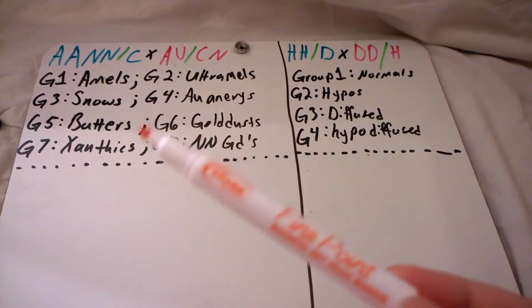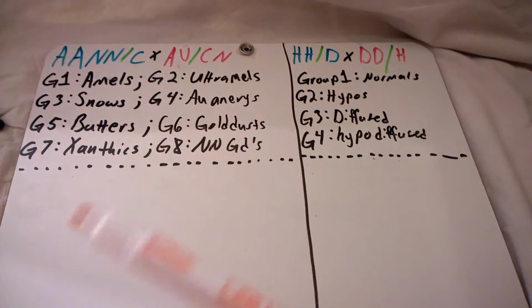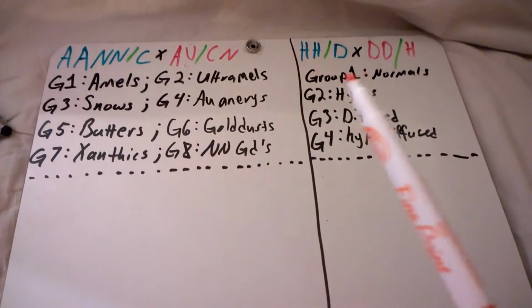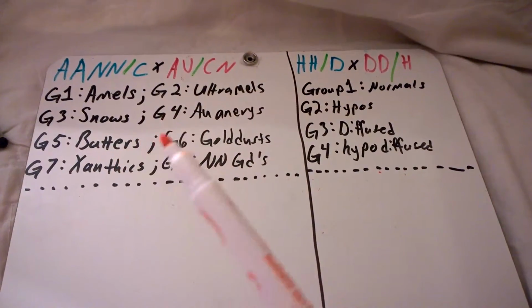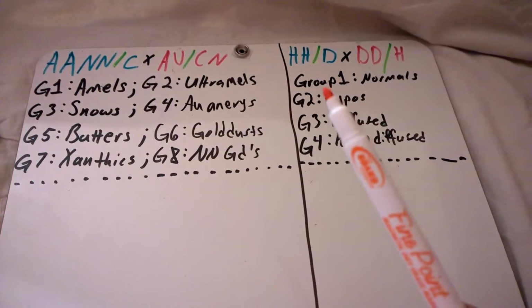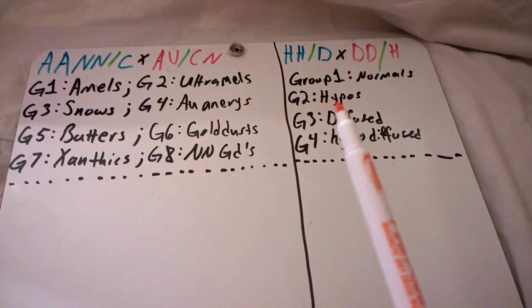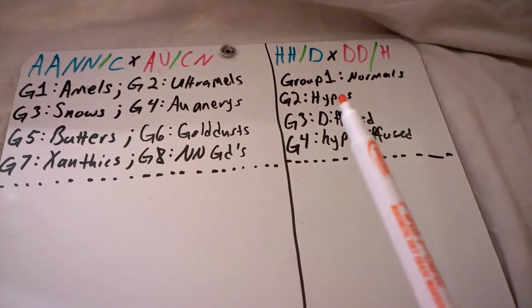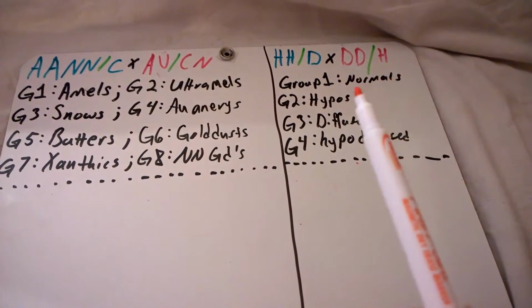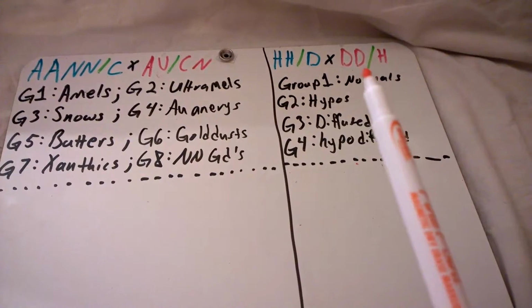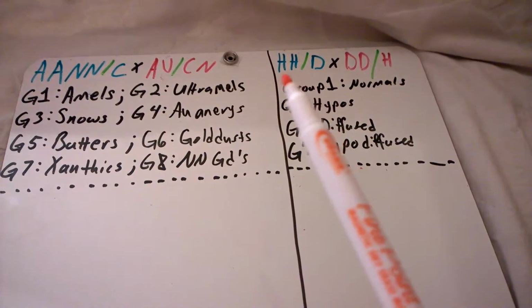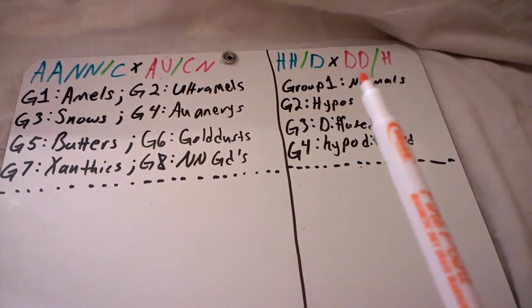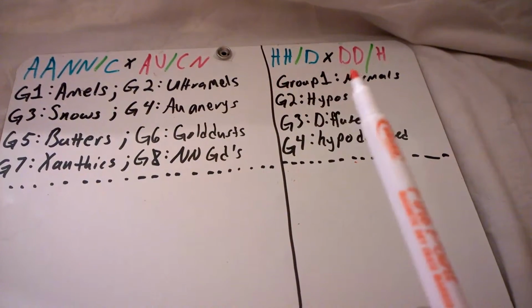So essentially, what I always recommend is sitting down, looking at what you have and writing out what possibilities there are. So if you look at pair 1, group 1, you're going to get some normals at least, because on the left side, none of the genes are allelic.